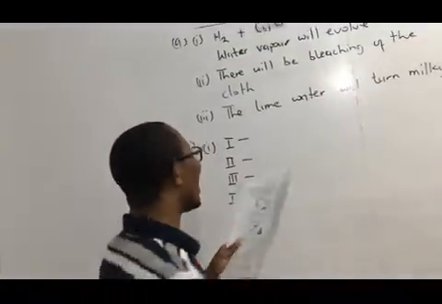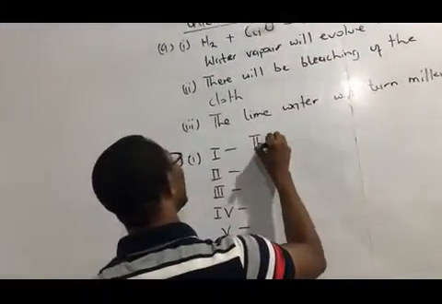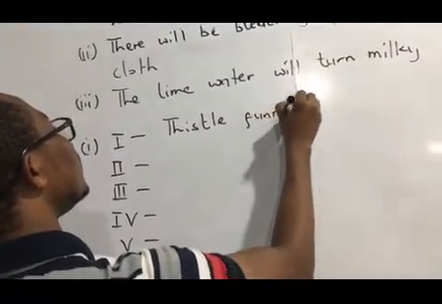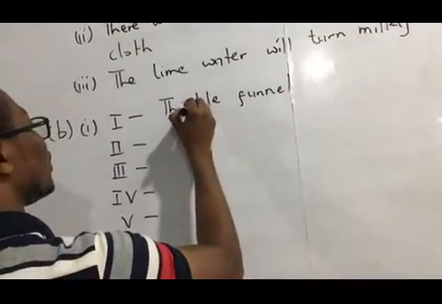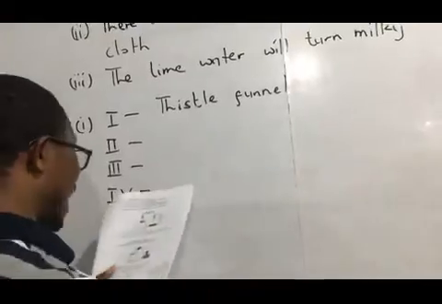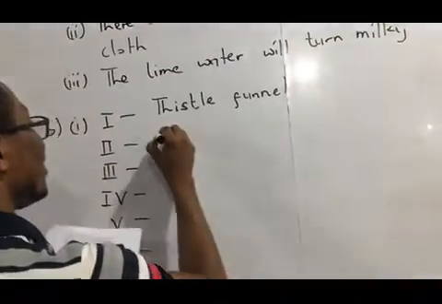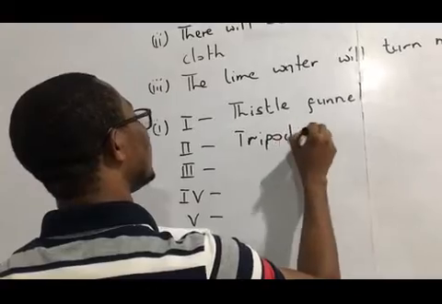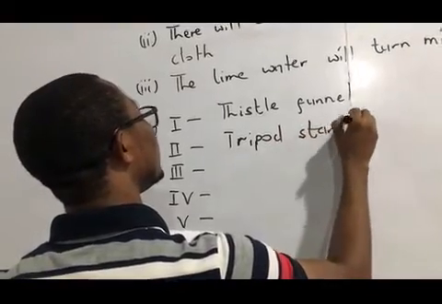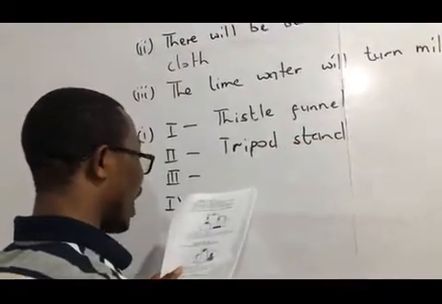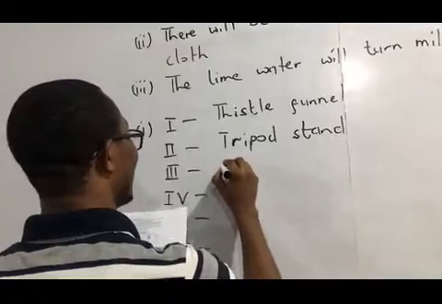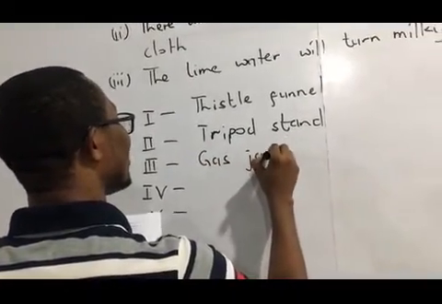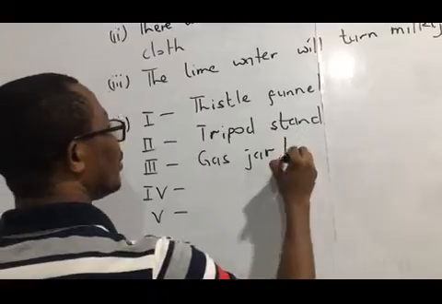The part labeled I is a thistle funnel. II is a tripod stand. III is the gas jar, or as I said, gas cylinder.